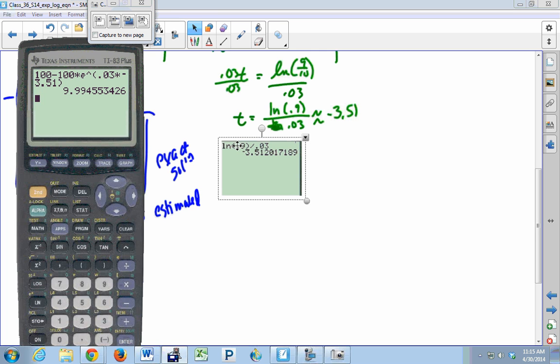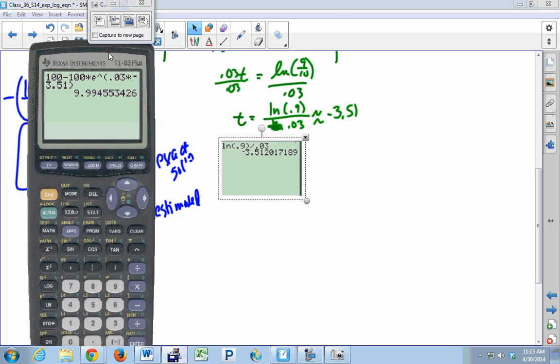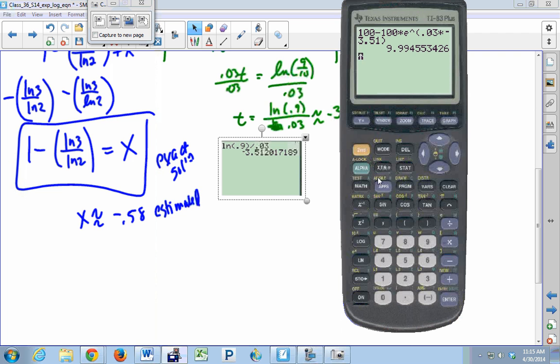If you put this in, natural log of 0.9 divided by 0.03. So let's go up here. Let's get my answer back again. Second answer. I wanted second entry twice, right? Sorry. I could have stored it. Let's just go back.